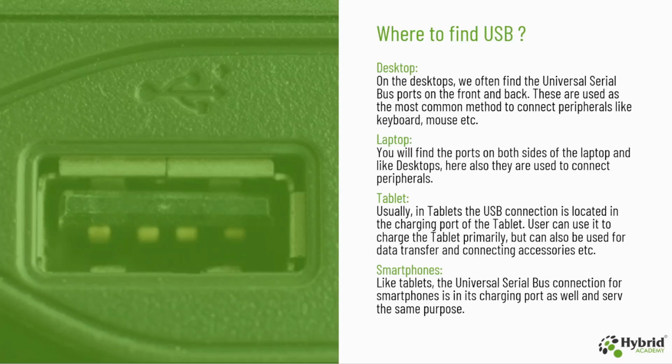The user can use it to charge the tablet primarily, but it can also be used for data transfer and connecting accessories, etc. So using the USB port on tablets or smartphones, we can even connect keyboard and mouse similar to our computer or desktop, and we can also connect external storage devices or any other peripheral which is compatible with our tablet or smartphone. So again, as I said, USB acts as a universal port which we can use to connect multiple things to our device.